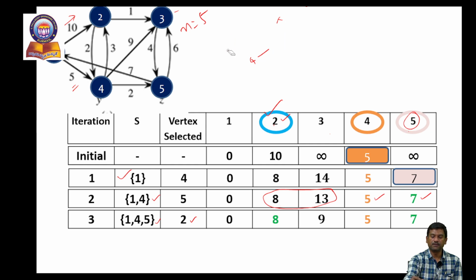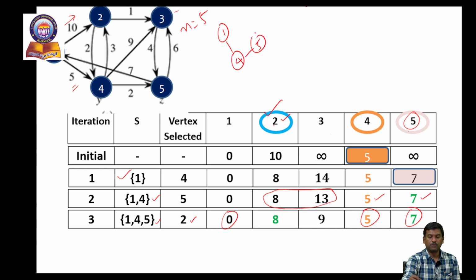What does this mean? You cannot take 1 because the distance of 1 is already equal to 0. Since you have already considered the distance of 2, the next thing, 1 to 4 to 5 to 2, can we reach to 3?